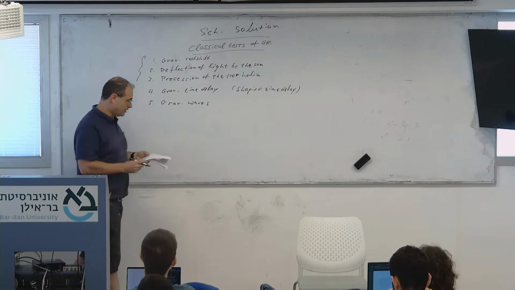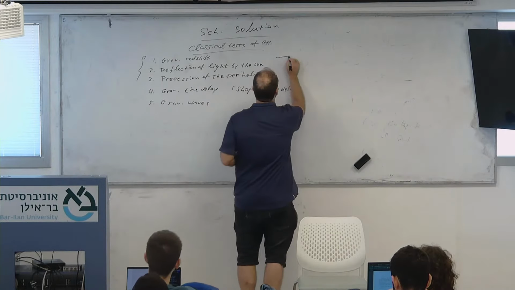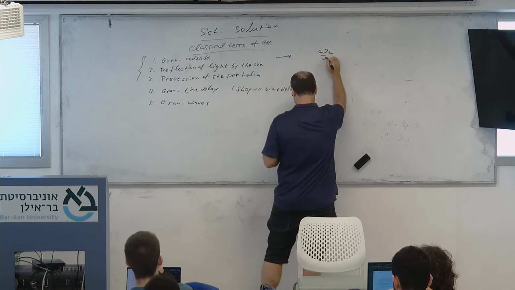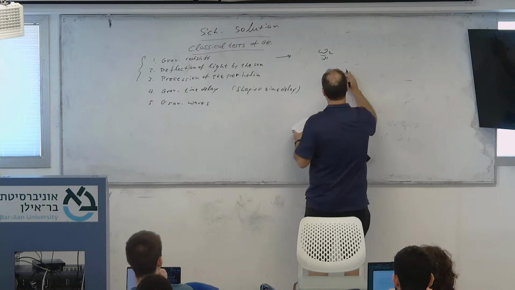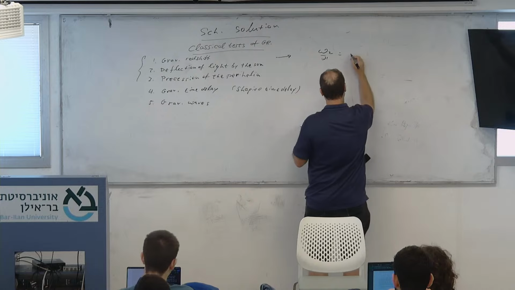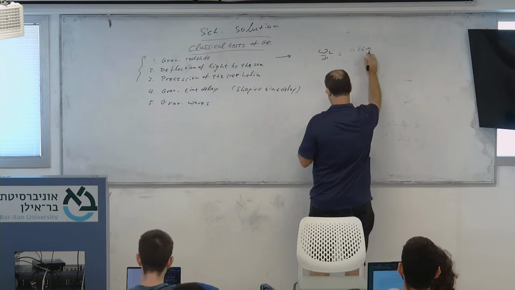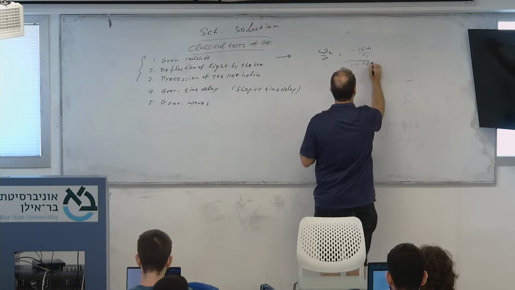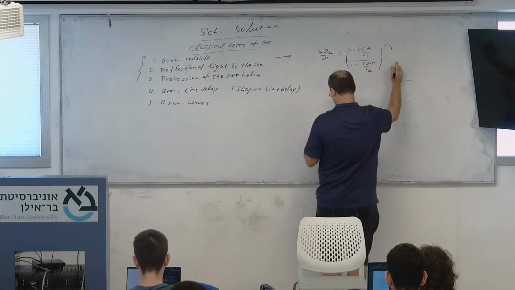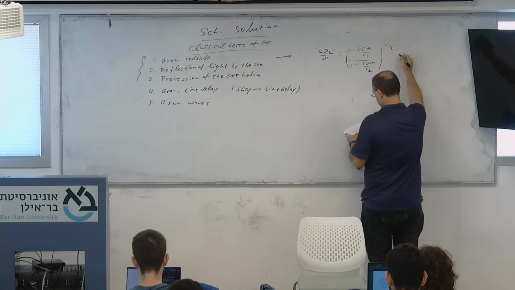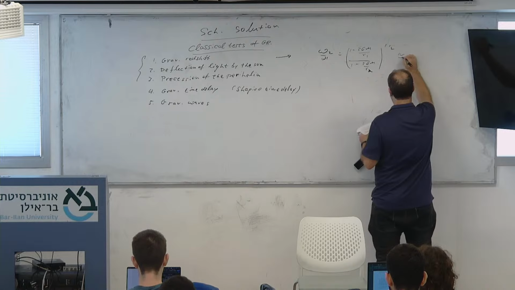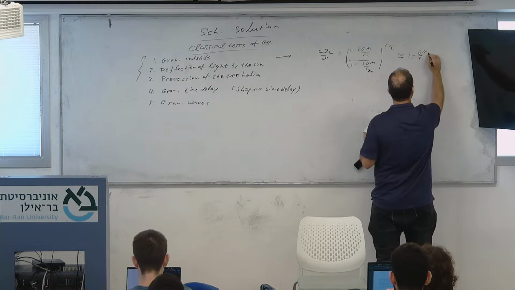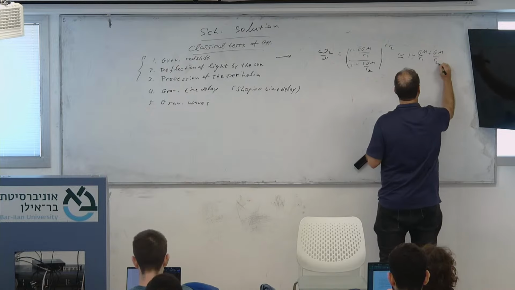And then we said that omega 2 over omega 1 is 1 minus 2GM over R1 divided by 1 minus 2GM over R2, to the power of 1/2. Or 1 minus GM over R1 plus GM over R2.